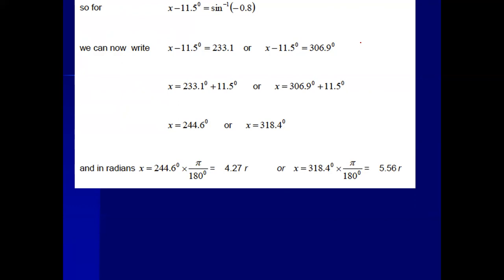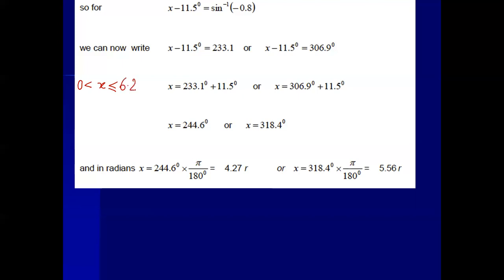Yeah. And remember, they've asked me to give my answer between 0, yeah, less than x, less than or equal to 2 pi. What is 2 pi? How much is 2 pi? In degrees, but what is 2 pi radians? How many radians? Give me 2 decimal places. Pi is 3.14. What is 2 pi? 6.28.